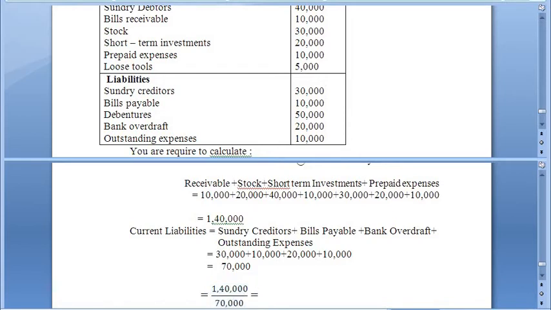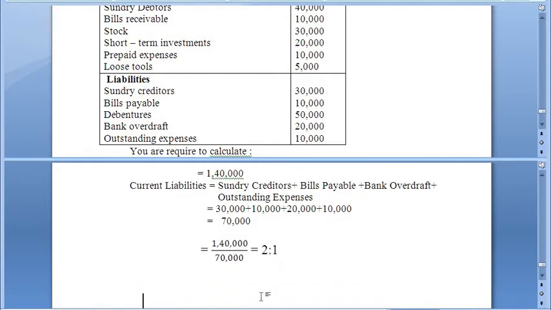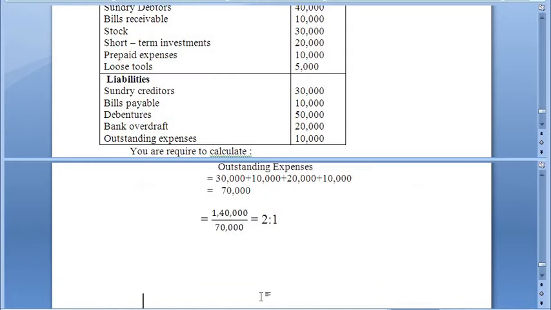Now liquidity ratios will be expressed in which mode? Third one, pure ratios or proportion. So 1,40,000 divided by 70,000 is equal to 2:1. Mathematical calculation, 2:1. Done.